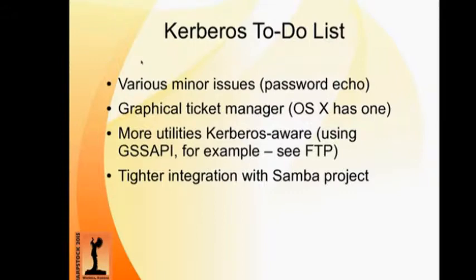OS X has a Kerberos ticket manager. When you do a login on Mac OS X and it's Kerberos, it will allow you to manage your ticket, so you can renew your ticket, destroy your ticket, check the status of your ticket. We need something like that. And we also need it implemented as an X Center widget. So that's also on the roadmap.